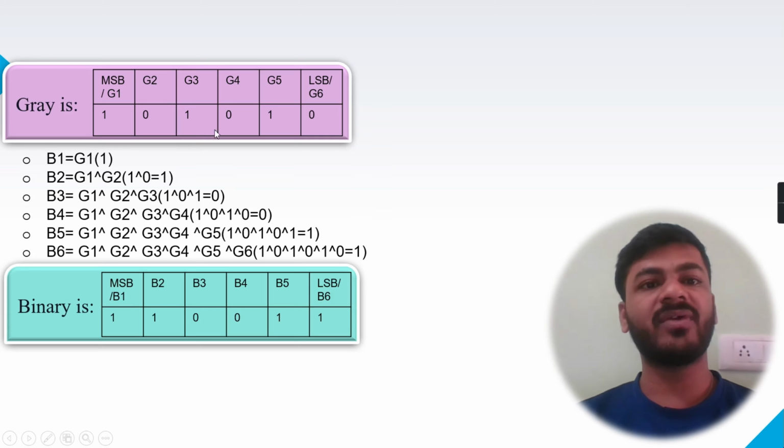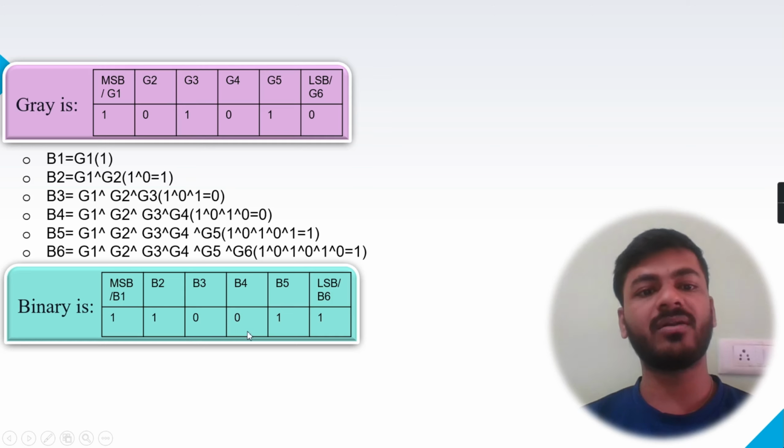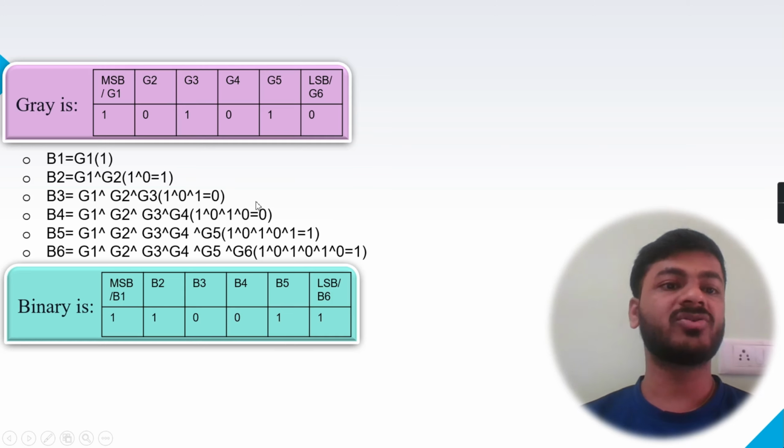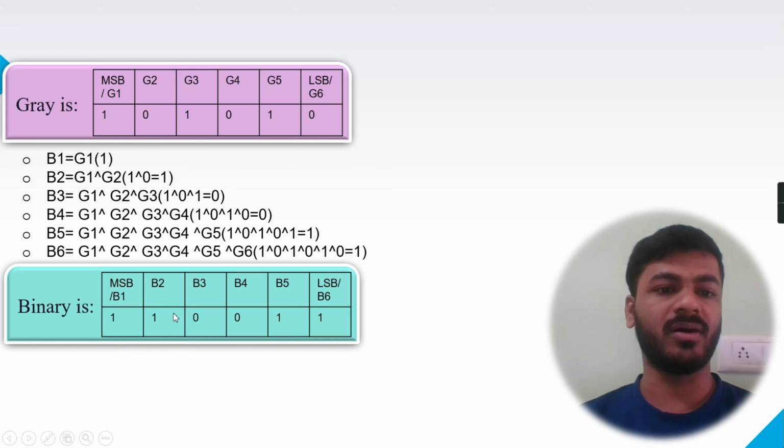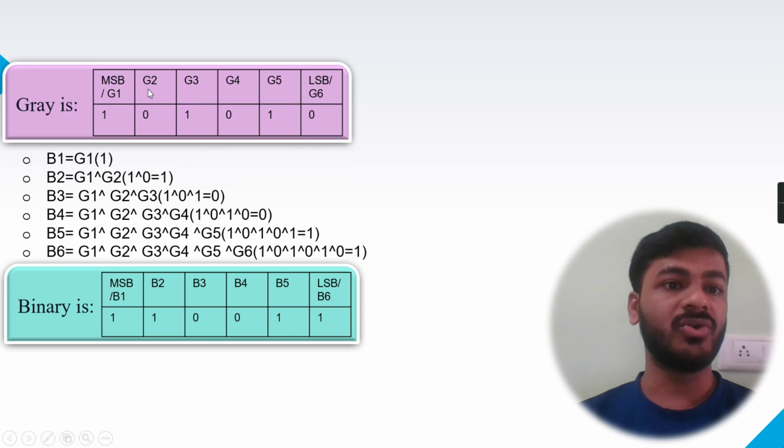Now, the subsequent bits of the binary code are calculated using an XOR operation between the current bit and the previous bit. So here you can see B2, the second bit of the binary code, is calculated by using XOR between G2 and G1.